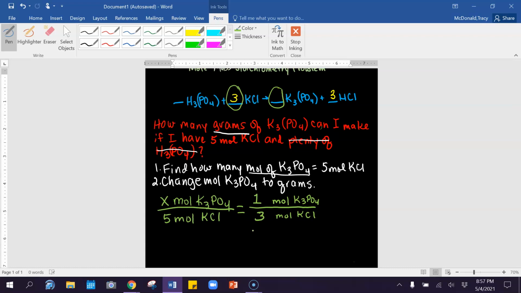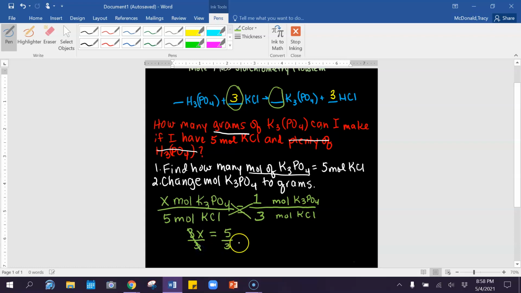Now, in order to find moles of K3PO4, all I have to do is cross multiply and divide. So 3 times x is 3x, and that is equal to 5 times 1, which is 5. And to isolate x, I need to divide both sides by 3.